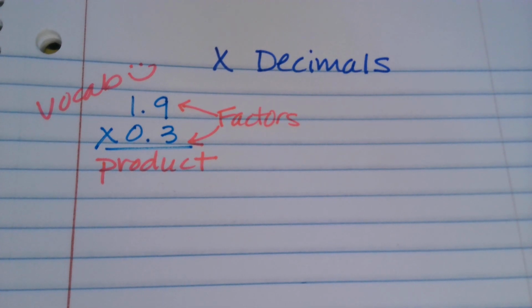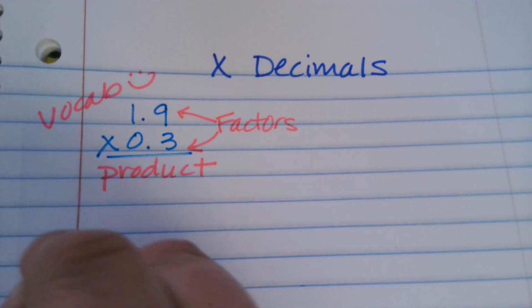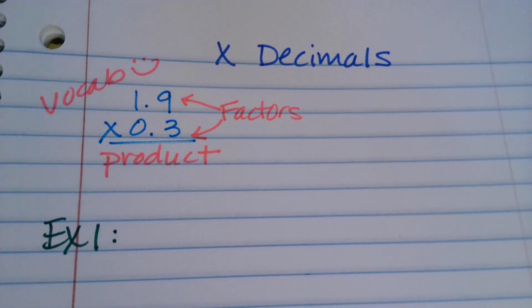All right. So, with that said, the best way for us to get into this is just to get into it. So let's look at a couple of examples and see what we got. All right, so starting with example 1, let me give you a problem.